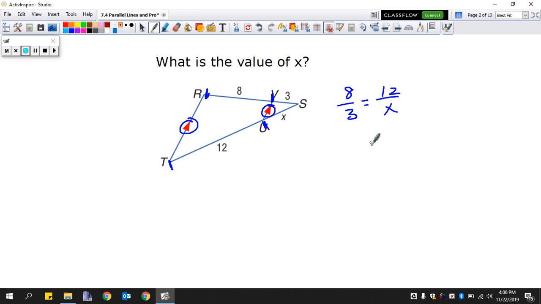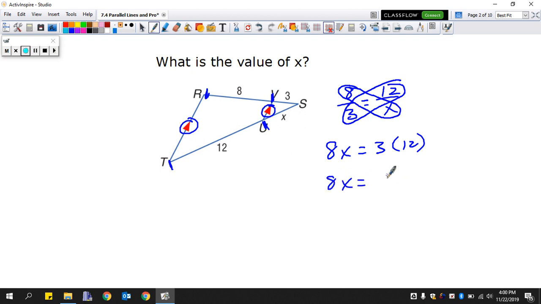All right. So now we just simply have a proportion, and we just cross multiply. 8 times x is 8x, which is equal to 3 times 12, which means that 8x is equal to 36, divided by 8.